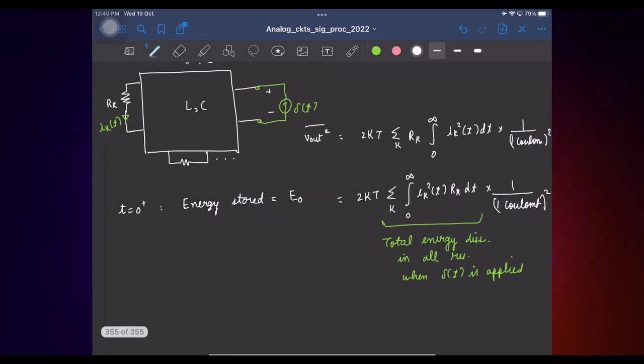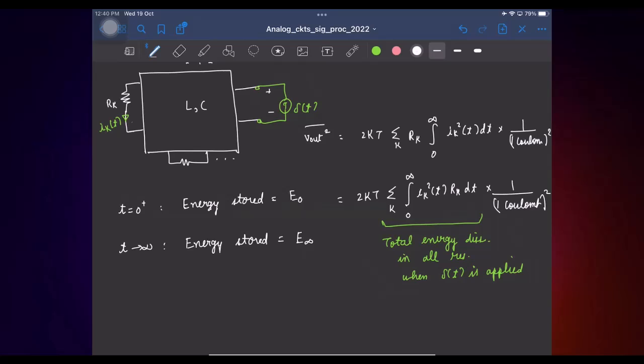As t tends to infinity, say the network has some energy remaining, call it E infinity. Fine. So how are these two related to the total energy dissipated? E0 is equal to E infinity plus dissipated.